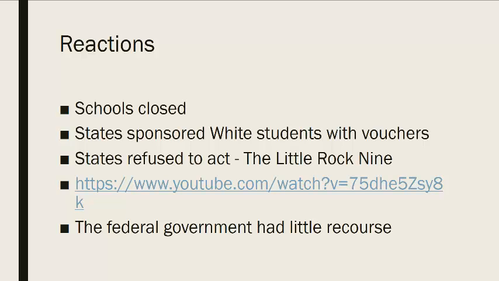There were whole counties in Virginia that closed school for the whole 1955-56 school year. Said we will not desegregate our schools, so we're just going to close. They paid white students state money in the form of vouchers to go to private schools. We've never heard that before, have we? Anyway.